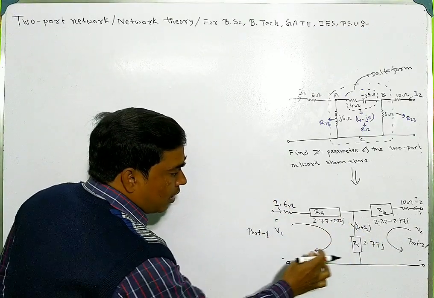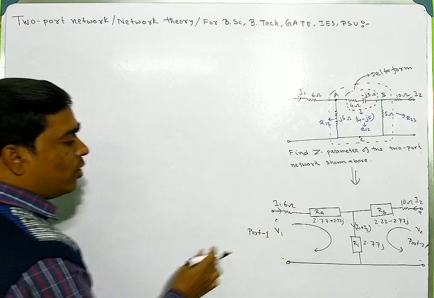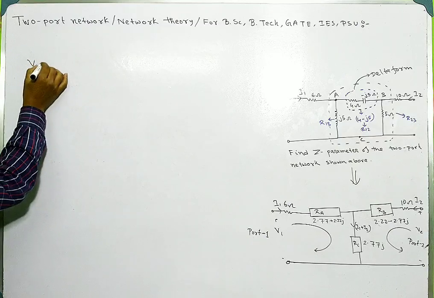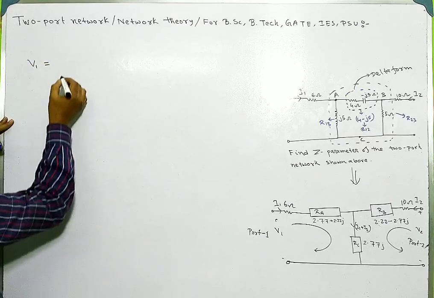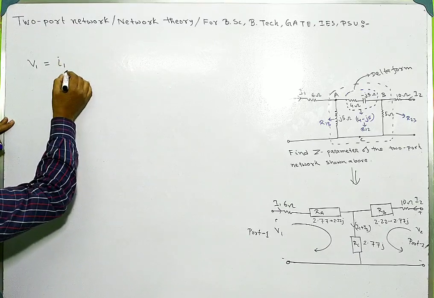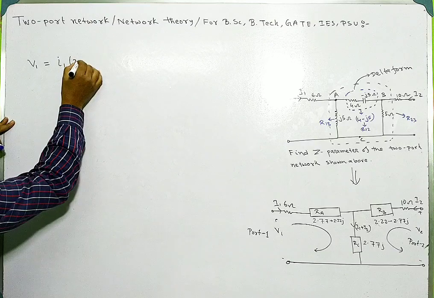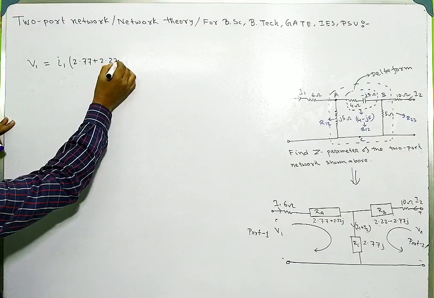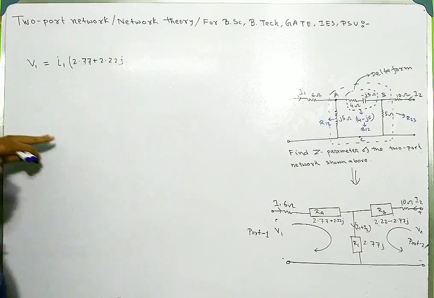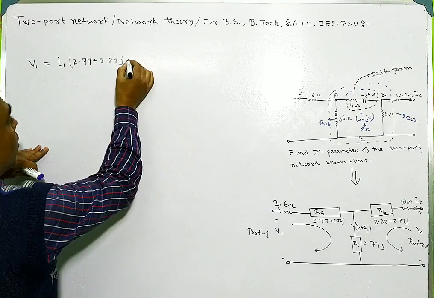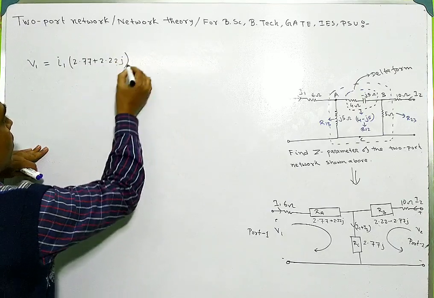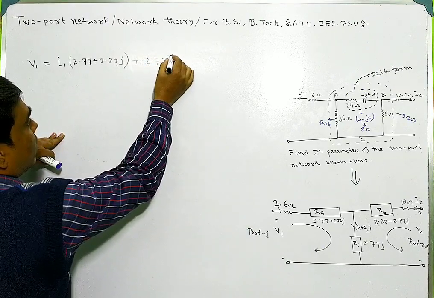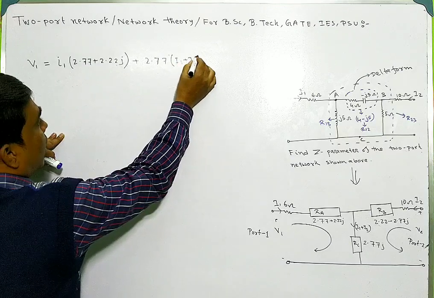So if I take a KVL in this loop, port number 1, so here V1 is given by I1 into 2.77 plus 2.22J plus 2.77 into I1 plus I2.